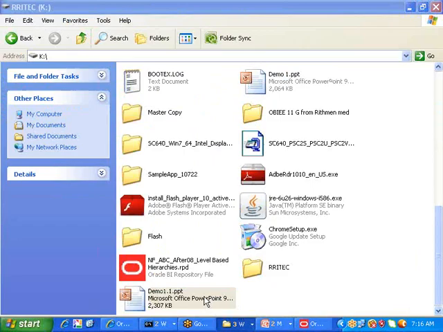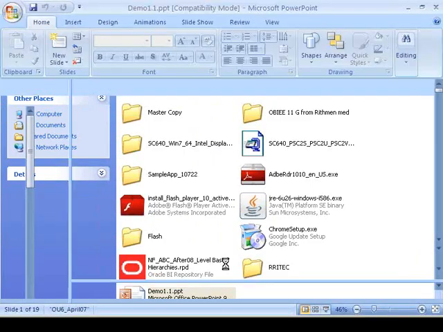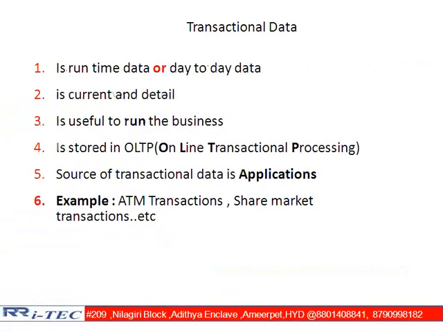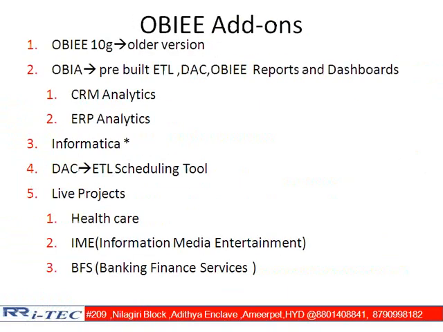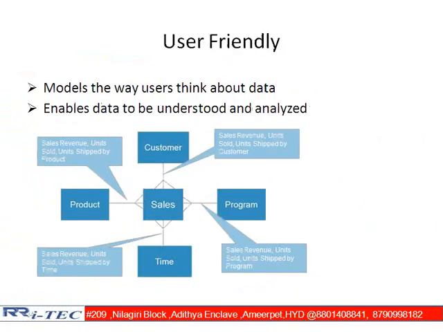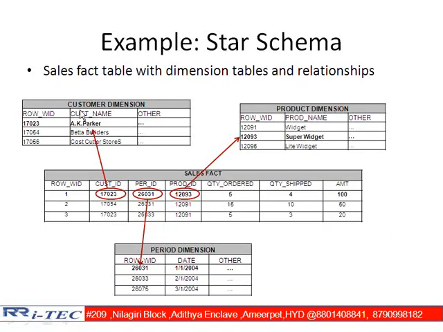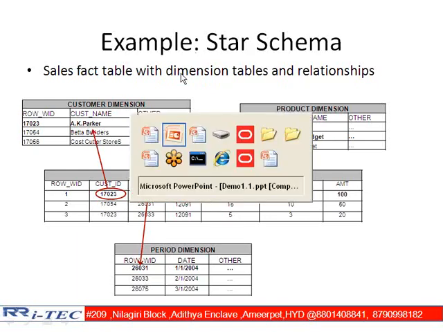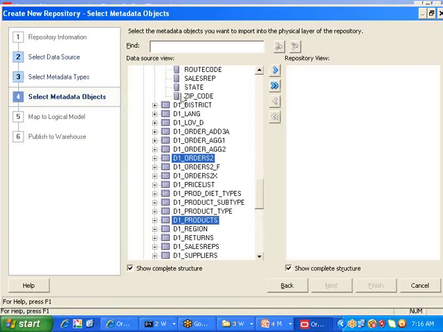I took the customer dimension, product dimension, period dimension, and sales fact. These are the 4 tables I took. The same four tables I would like to take over here also. That's the reason I am taking exactly these 4 tables.